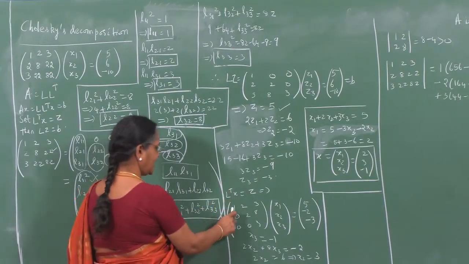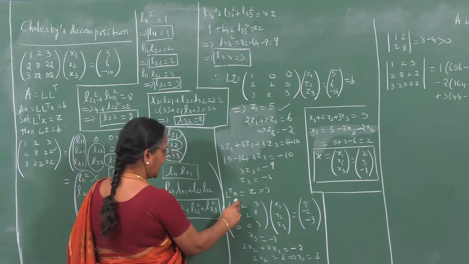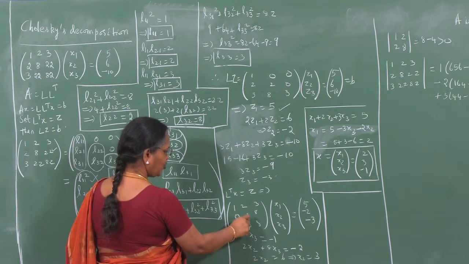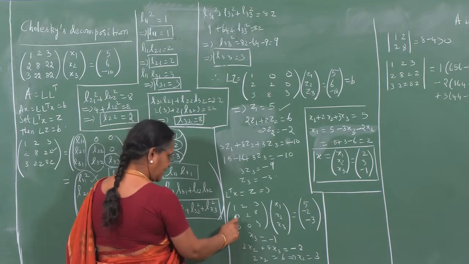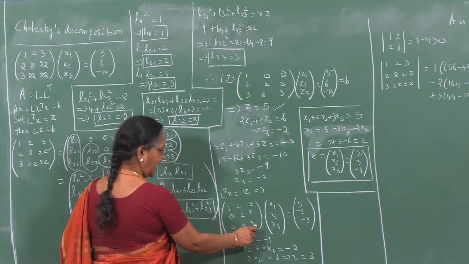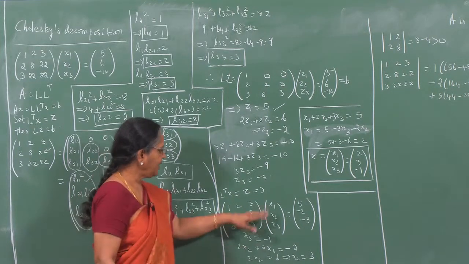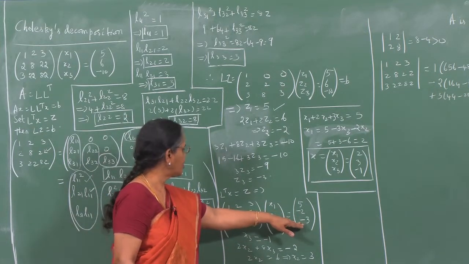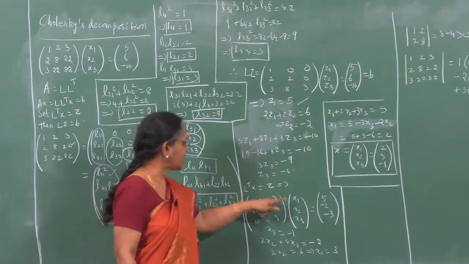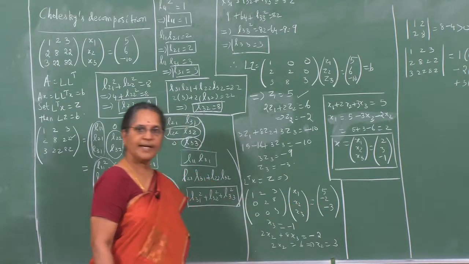It has entries L11, L21, L31, then 0, L22, L32, 0, 0, L33, multiplied by x1, x2, x3 is equal to the vector Z that you determined, namely 5, minus 2, minus 3.